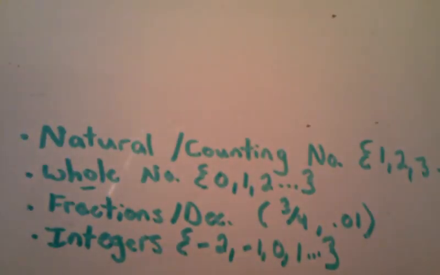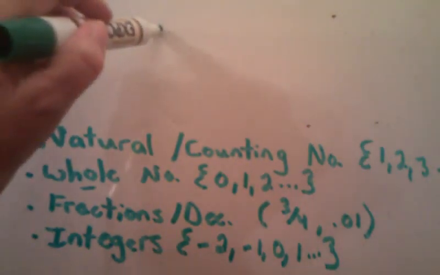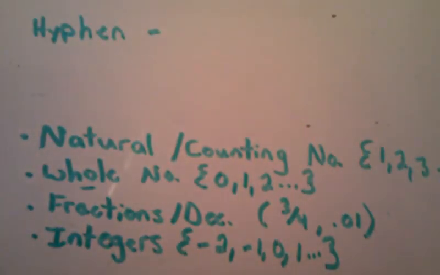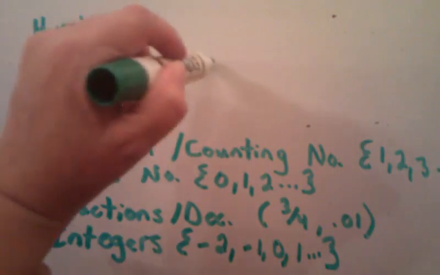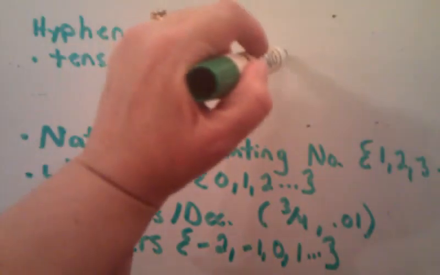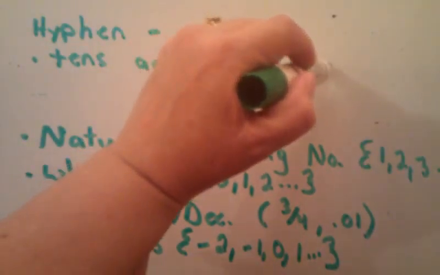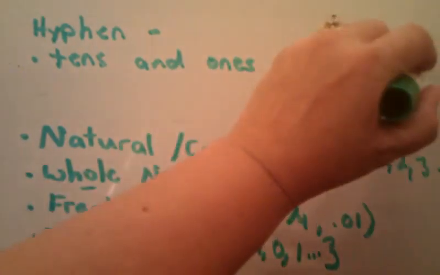We need to remember the hyphen. Okay, that's a hyphen. We use a hyphen to join tens and ones. Tens and ones. And an example of that would be, if you're writing it in words, twenty-one.